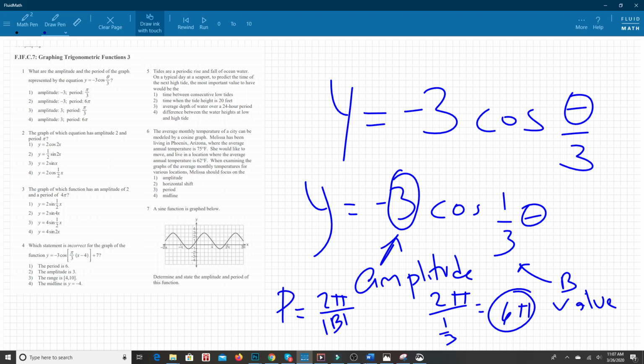So we're looking at 3 and 6 pi. So we're looking at an answer of 4. Let me know if you have any questions so far.